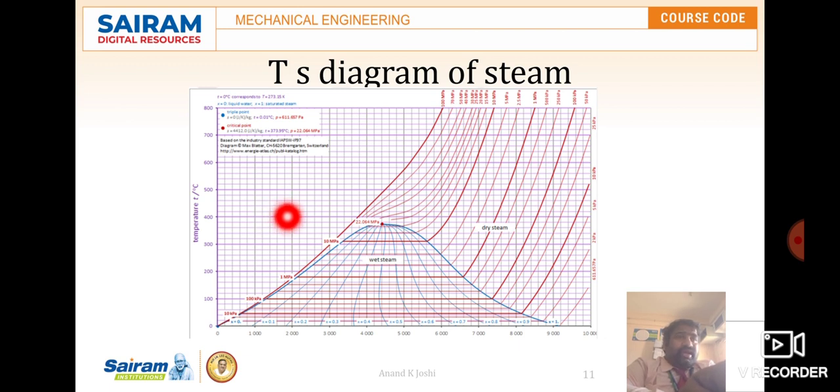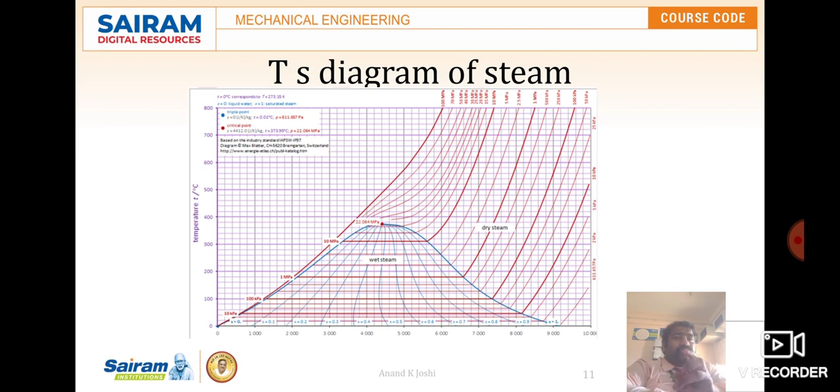You can draw a horizontal line till it reaches point B, where the dryness fraction becomes 0.9 something. There you can find the dryness fraction, the corresponding pressure, and also the entropy. If you draw a vertical line, for a particular dryness fraction you will get the entropy of that steam. This is how we can analyze this problem.